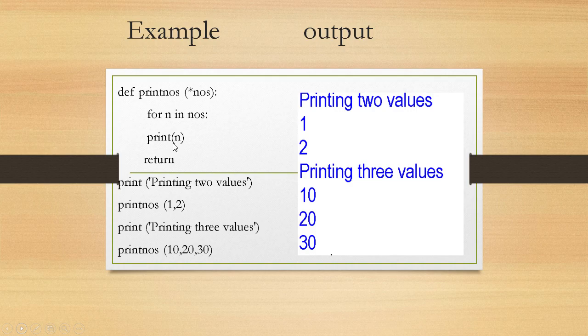So 1 and 2 will be printed. Next, printing 3 values. And you have one more call statement, print numbers of 10 comma 20 comma 30. This time it takes 3 values. These 3 values will be put into numbers, and using the for loop we are printing, so we'll get the output as 10, 20, 30.